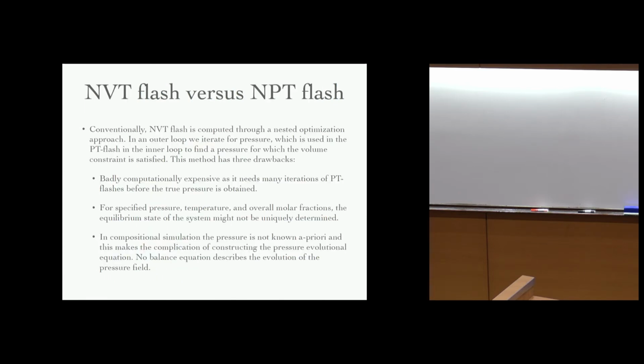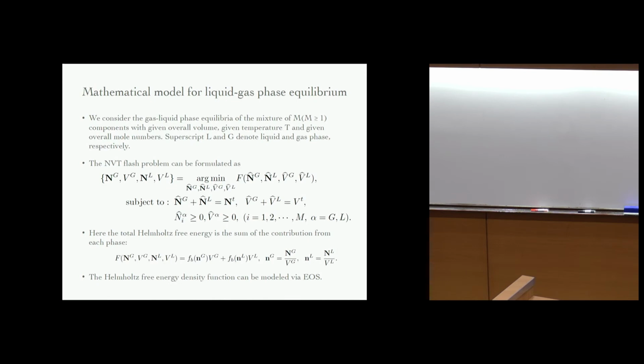I'll skip this, but I just want to point out NVT. In most books, the flash calculation is based on NPT, but in the last 5 or 10 years, people have been saying NVT is actually a better formulation and more useful.